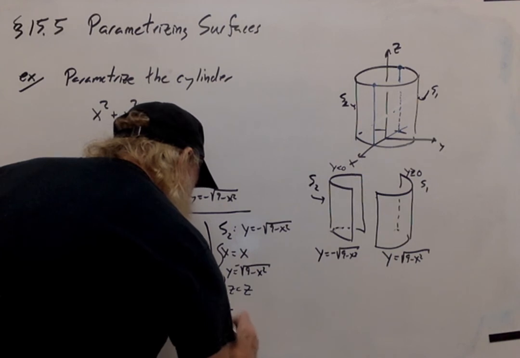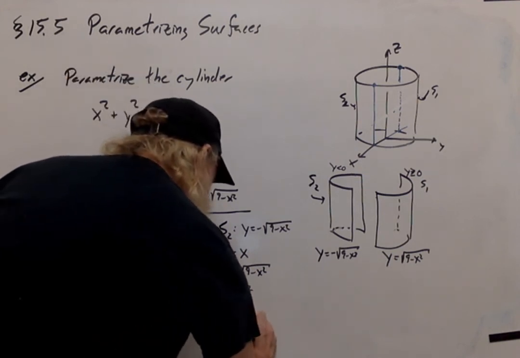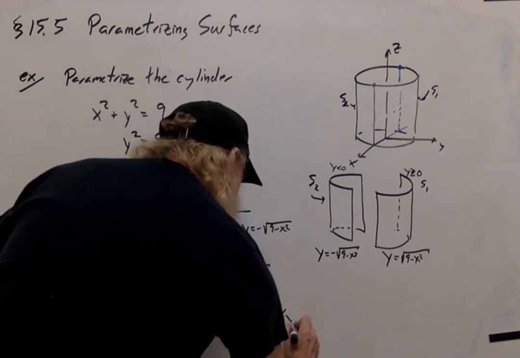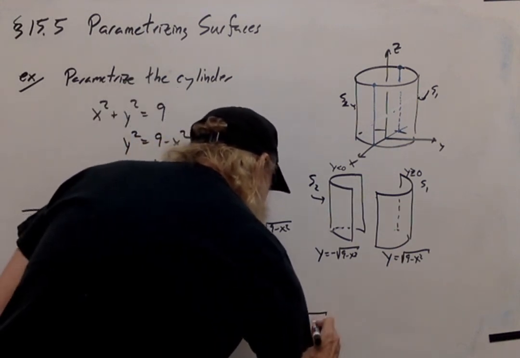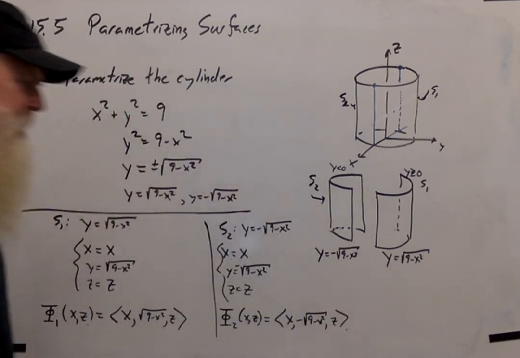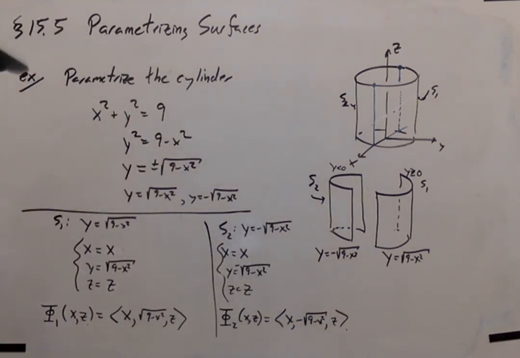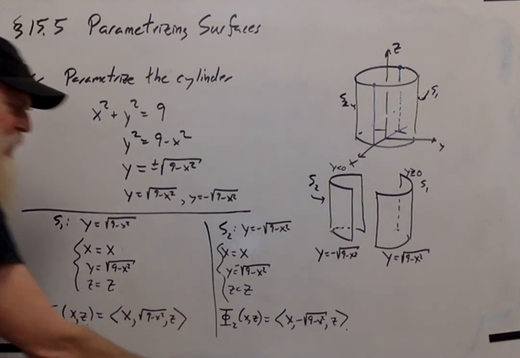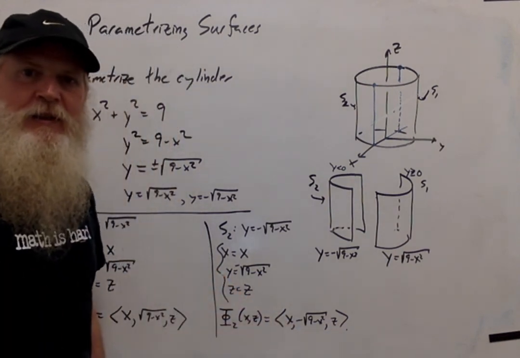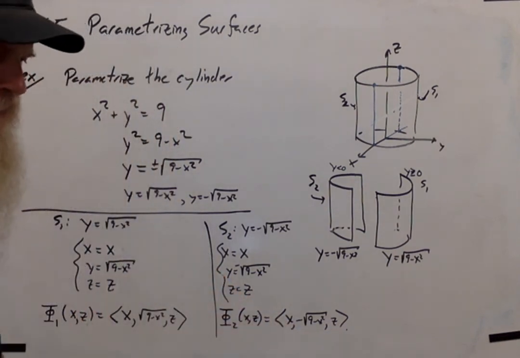So phi2 of x and z is going to be x, negative square root of 9 minus x squared, and z. So if I were to do an integral, I'd do an integral over S1 using this parameterization, a separate integral over S2 using this parameterization, and then add them together.